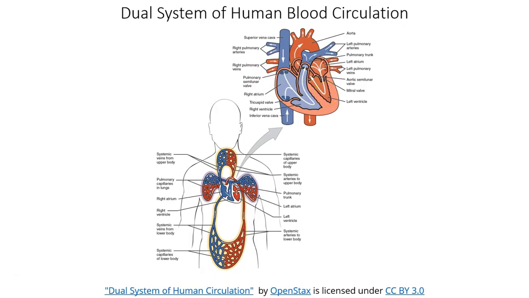Generally speaking, in cardiology, we use the color red to represent oxygenated blood, and the color blue to represent deoxygenated blood. So most of the blood that is here in this right hand side of the heart is deoxygenated blood coming back from the body, where it's already dropped off its oxygen.